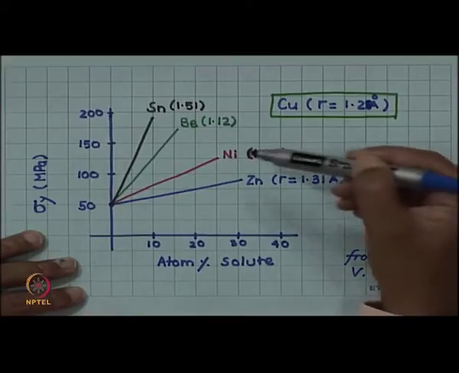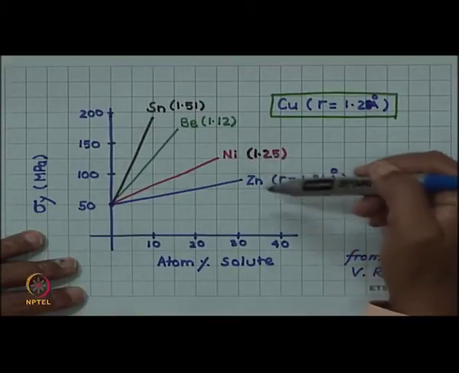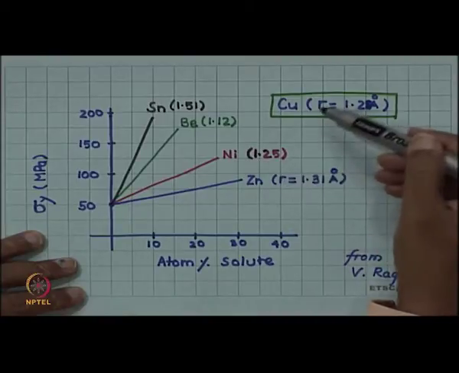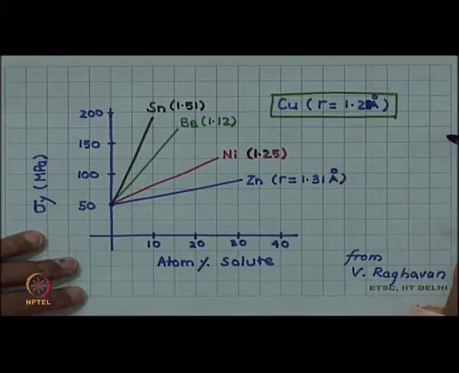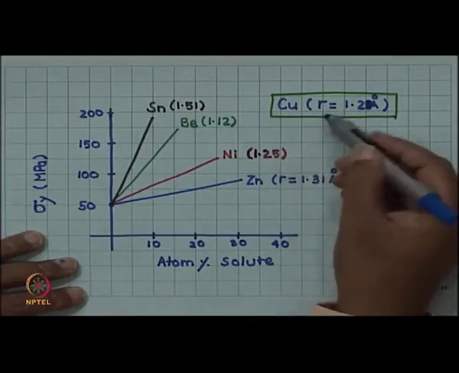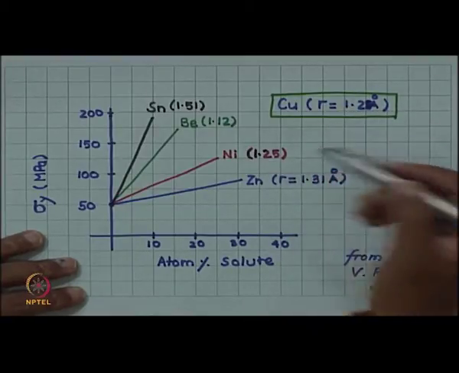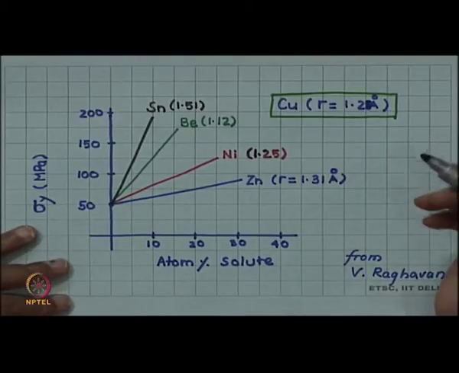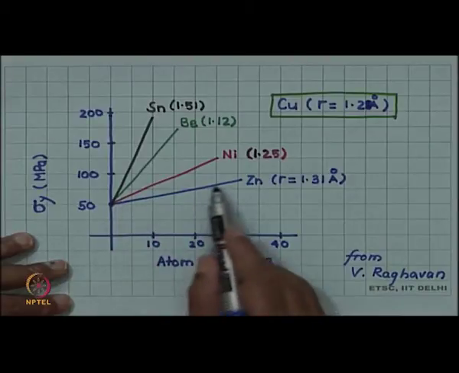You can see nickel and zinc both have radii close to the radius of copper. So, since their radii are matching, the strain created by them is small, so the effective straining is less.